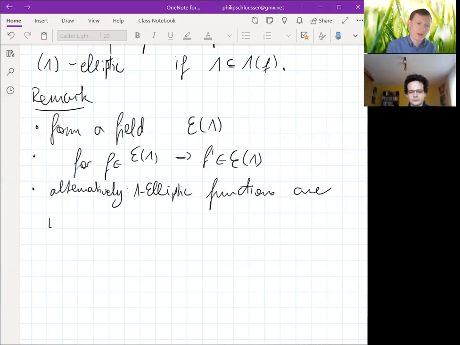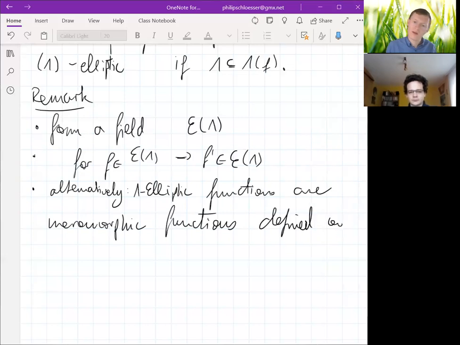are meromorphic functions defined on the Riemann surface C modulo lambda. Because C is a Lie group and lambda is a discrete subgroup, so closed, so a closed Lie subgroup. So we can take their quotient, and their quotient isn't anything group-like anymore.